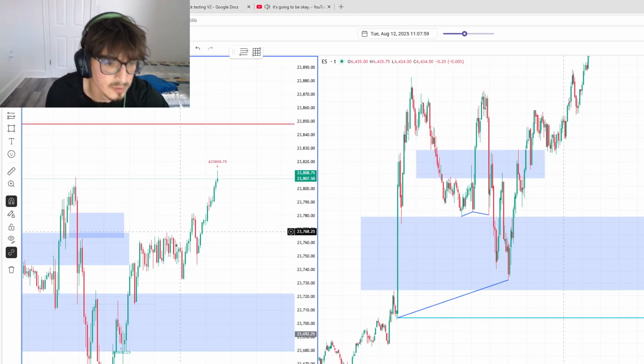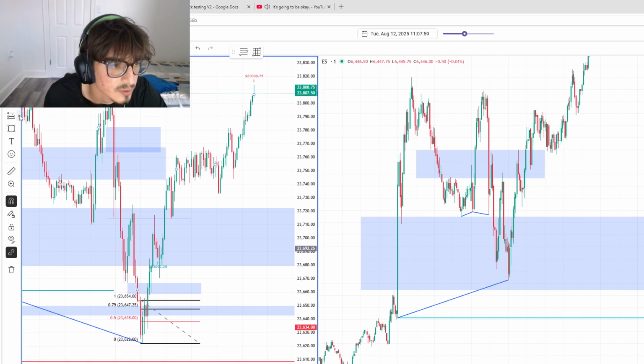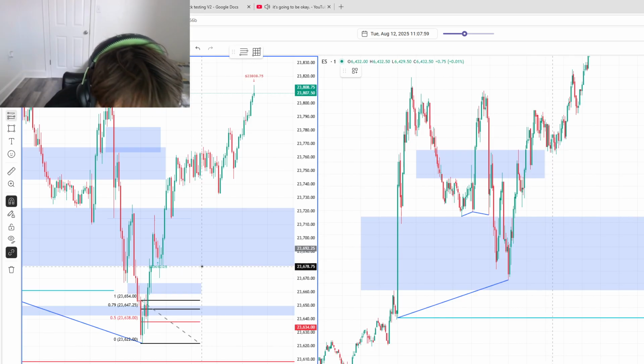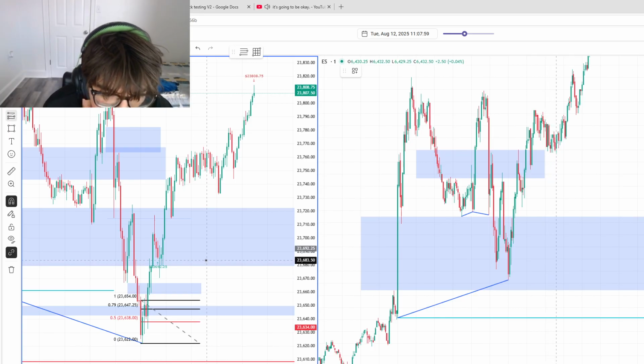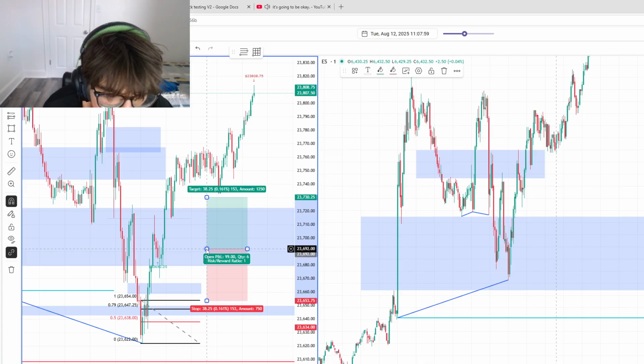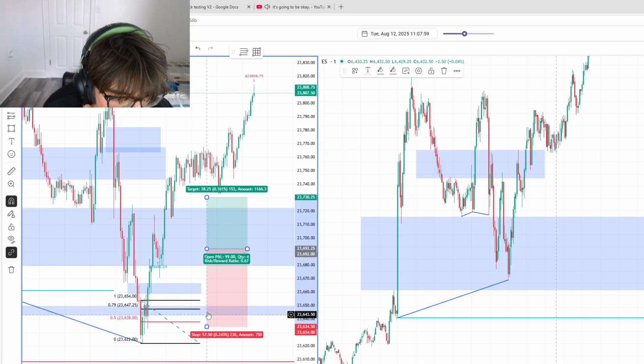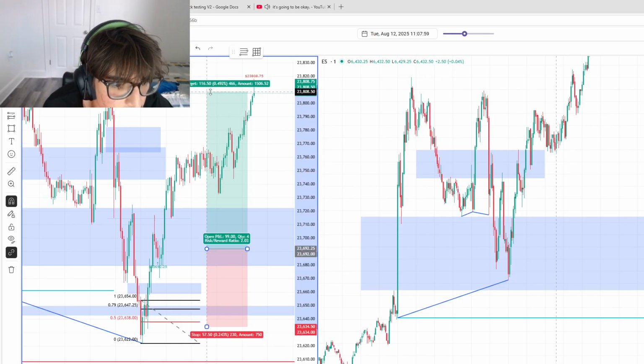But yeah, W trade boys. We had a 1 to 1. I mean 1 to 2. Let me see. I'm entry at 23,692. Stop loss down here. My TP all the way up here.